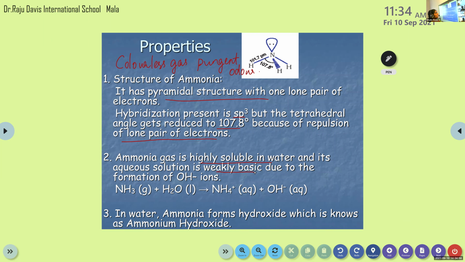Strong acid, weak acid, strong bases, weak bases. Among that, this ammonium hydroxide belongs to the weak bases. That's due to the formation of OH minus ions. So this NH3 will react with H2O to form ammonium hydroxide. That's split here. That's why it is NH4 plus OH minus. Clear?